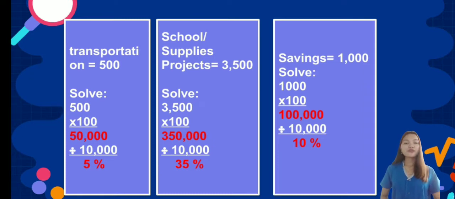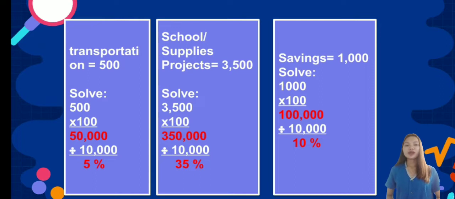Very good. So let's move on to transportation. The transportation's value is 500, right? Very good. So 500 times 100 is equal to 50,000. So 50,000 divided by 10,000 is equal to, yes, very good, 5%.